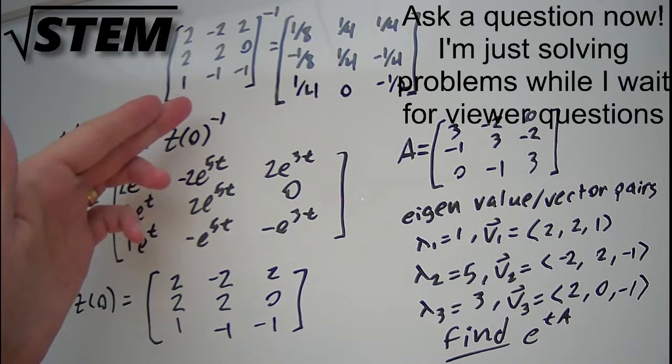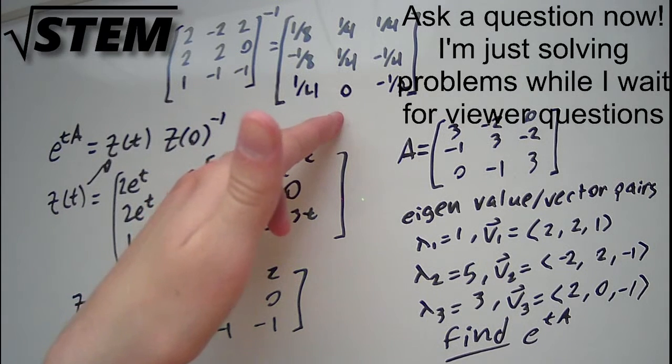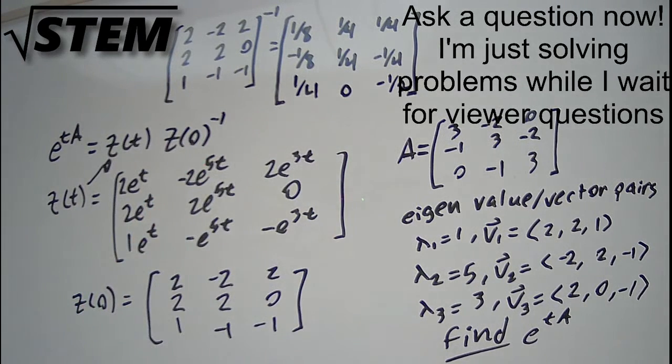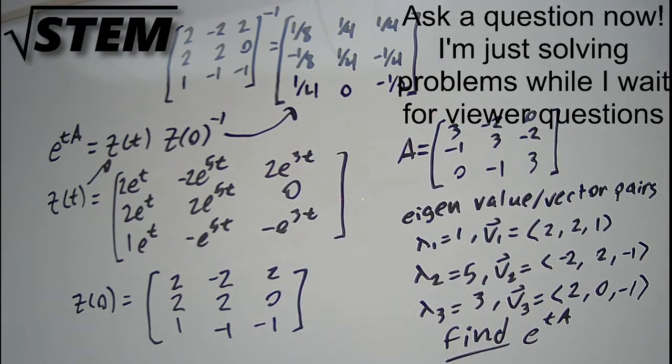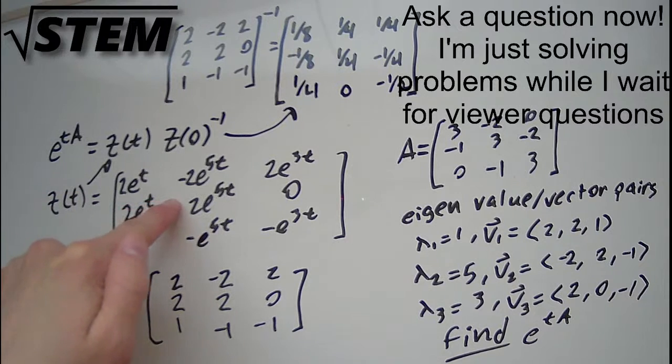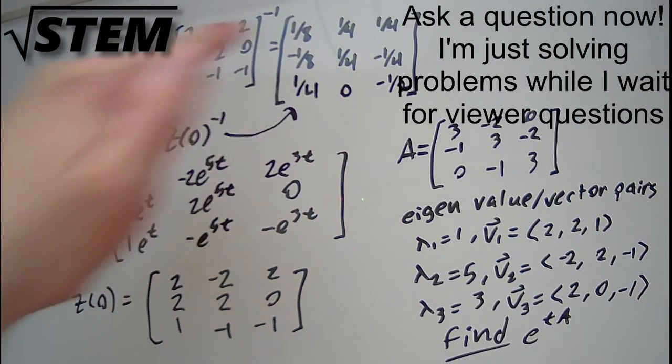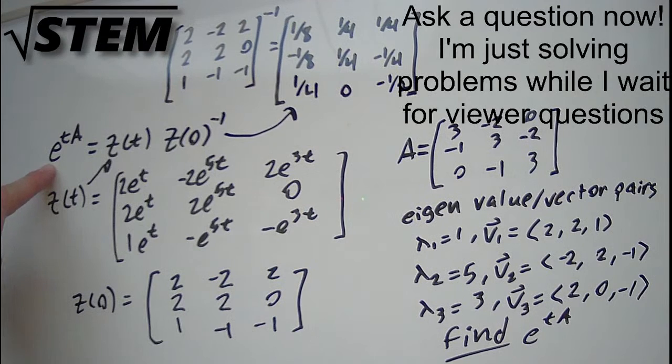And it tells us the inverse of this matrix is that one. So Z0 inverse is that. So if we multiply this matrix by that matrix, we will have found e to the tA. Now the only thing standing between us and that is doing 3 by 3 matrix multiplication by hand.